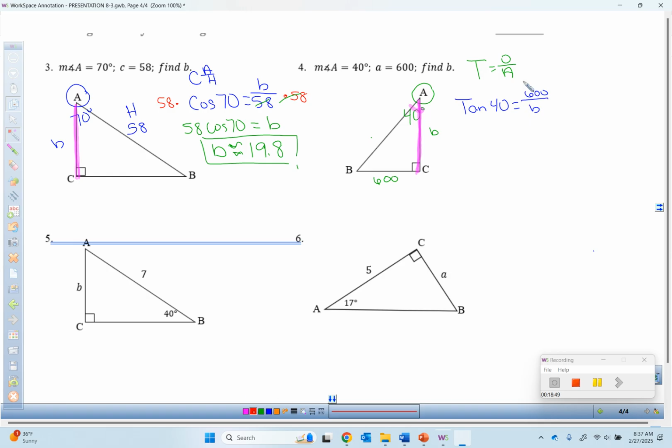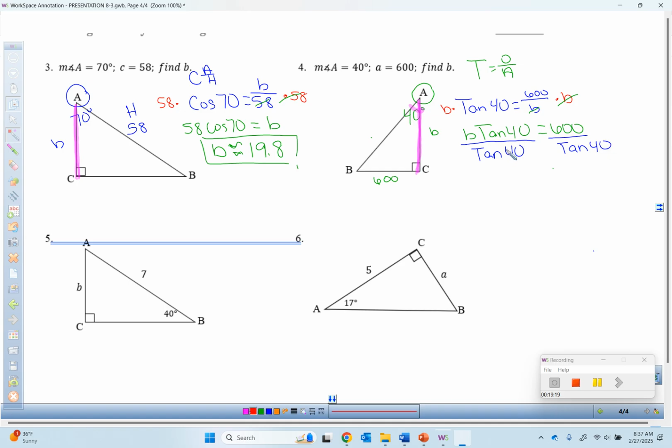Now solving for B, I need to take both sides times B, and that allows these to cancel, leaving me with B tangent 40 equals 600. I need to get B by himself, so do we know what we do in this case? Yep, divide by tangent 40. We do it to both sides.